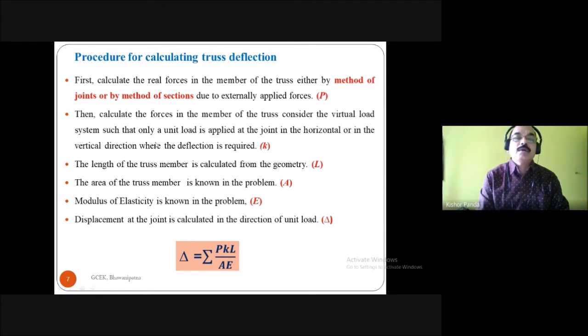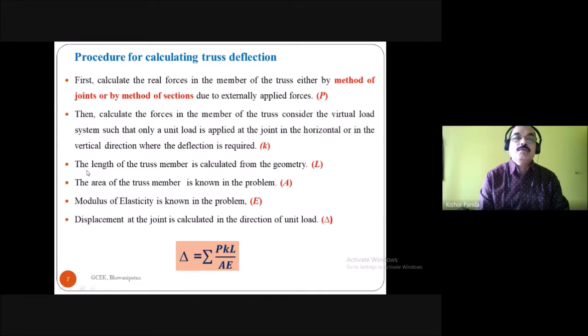Then find the forces in the members due to the unit load, which you denote by small k.